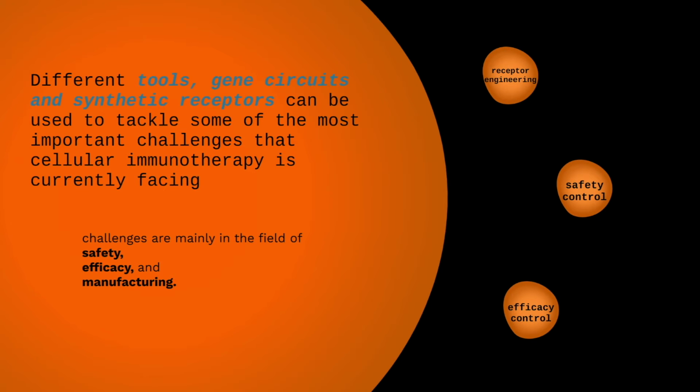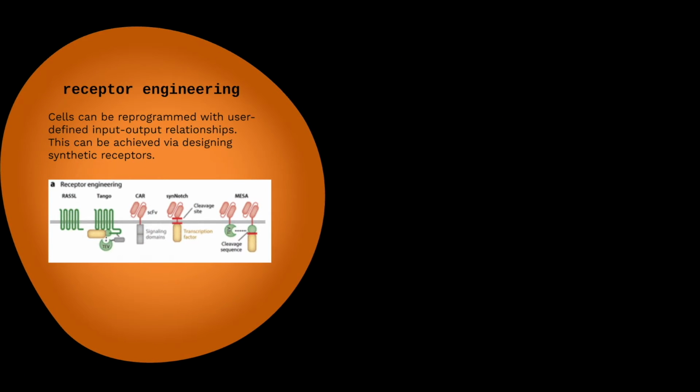Different tools, gene circuits, and synthetic receptors can tackle some of the challenges faced by immunotherapy. The challenges are primarily associated with safety, efficacy, and manufacturing difficulties. Receptor engineering helps in designing synthetic cells which are reprogrammable with user-defined input-output signals.